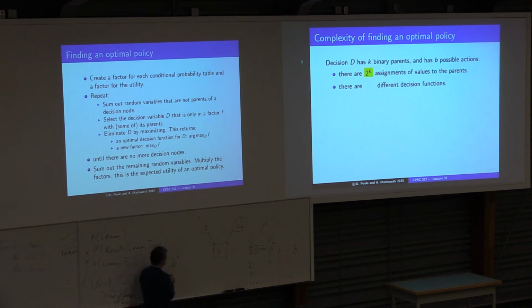Is that right? How many parents are there? For each assignment of the parents, you've got to do this. How many assignments of the values to the parents are there? Right, b to the 2 to the k.